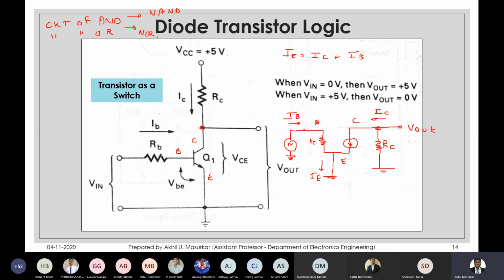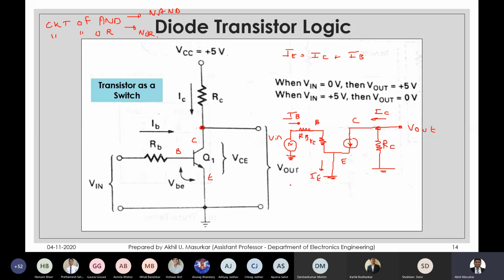Of course there will be an RB somewhere here. So we can establish some relationship between V out and V in.